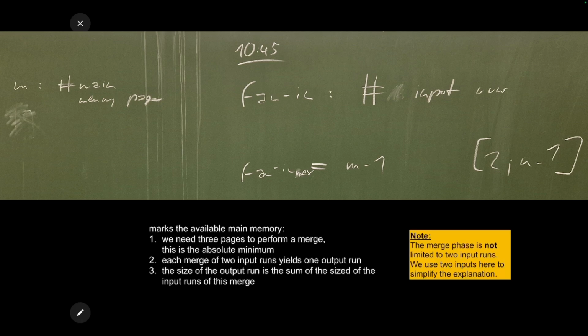The truth is typically in between 2 and m-1. So the fan-in is somewhere in between there, giving you the highest performance. It really depends on the storage subsystem. We can talk about that later. For the moment, it's important to understand this doesn't have to be just 2 input runs, and it doesn't have to be the maximum. Something in between. That's the tuning knob.